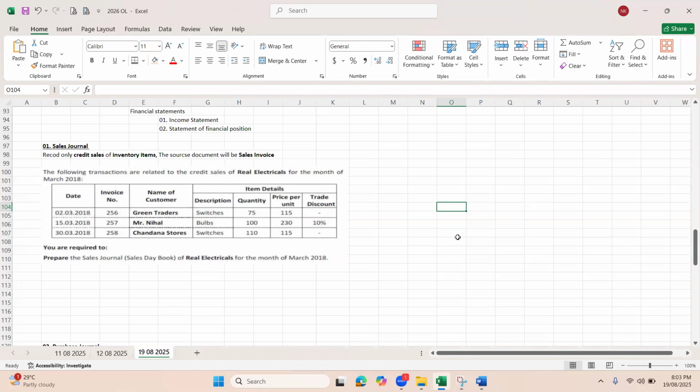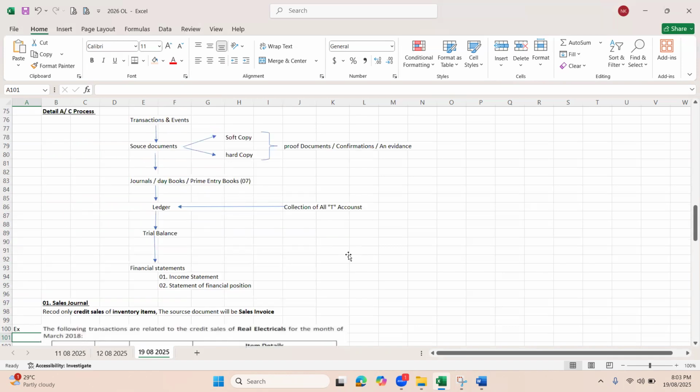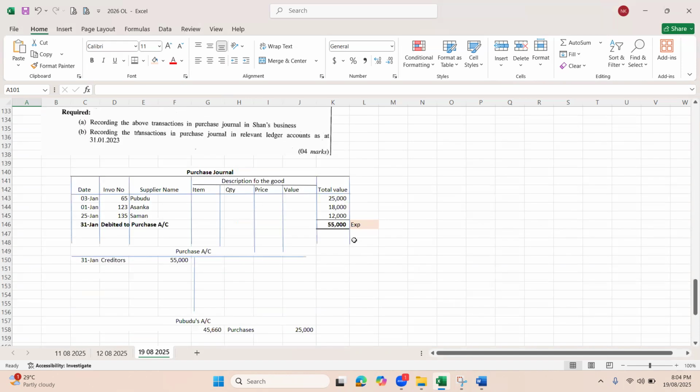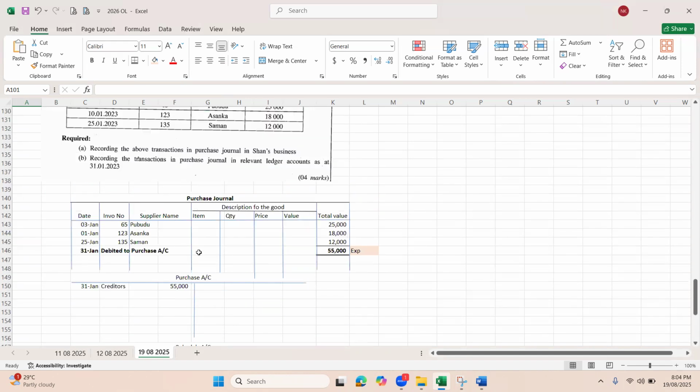Look at the example given here. The following transactions are related to the credit sales of Real Electricals for the month of March 2018. They ask us to prepare the sales journal. I will copy the same format that we used for the purchase journal.